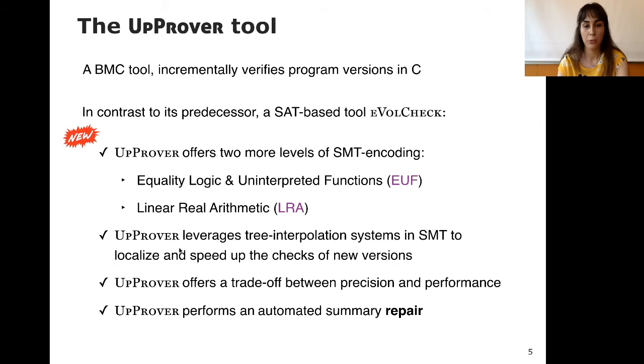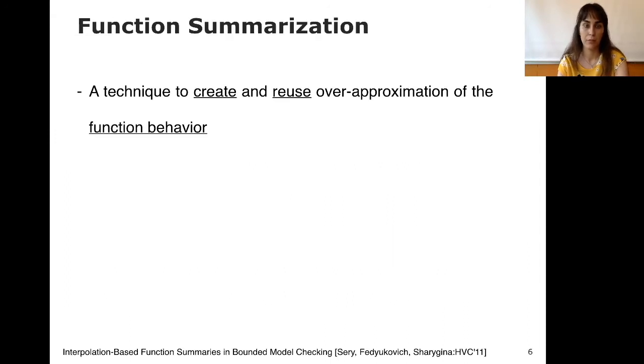Before going to explain these new features in detail, I would like to give some quick background on the key notions of the Approver technique of function summarization, which is basically a technique to create and reuse the over-approximation of the behavior of the function.